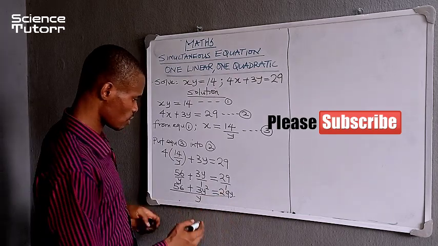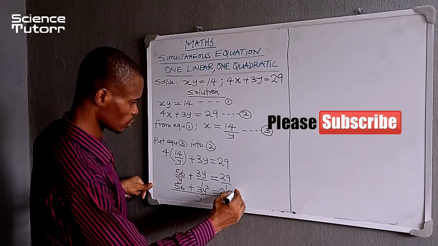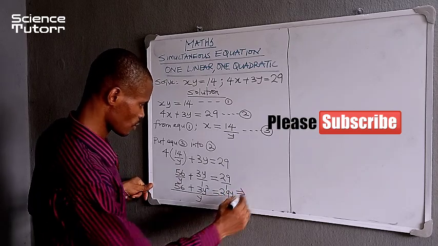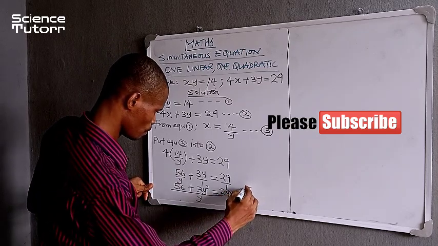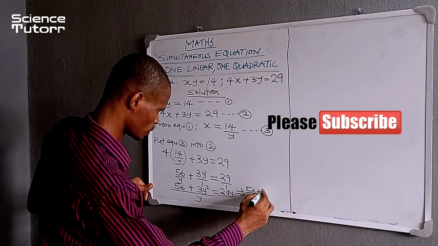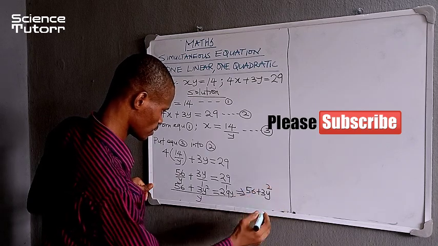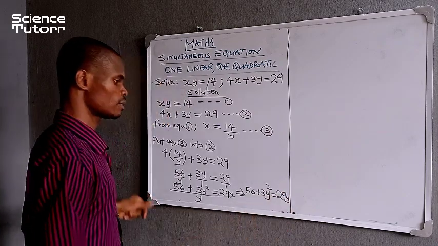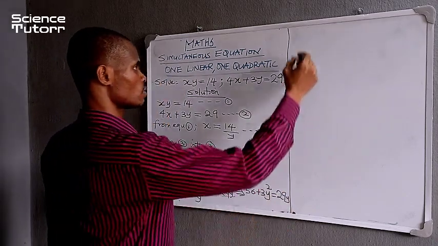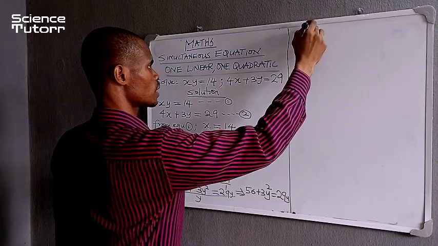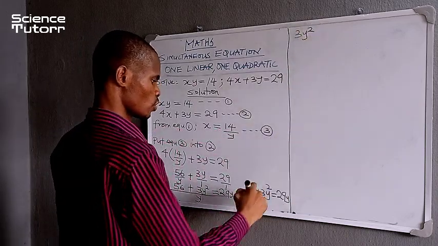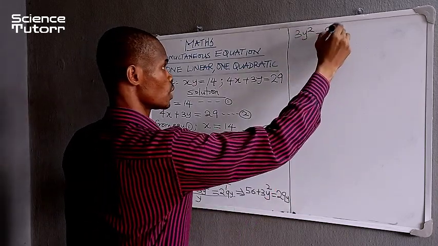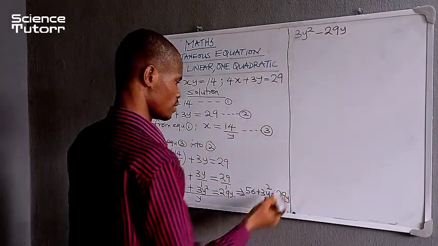At the end of the day, we have the equation in this form: 56 plus 3y squared equal to 29y.